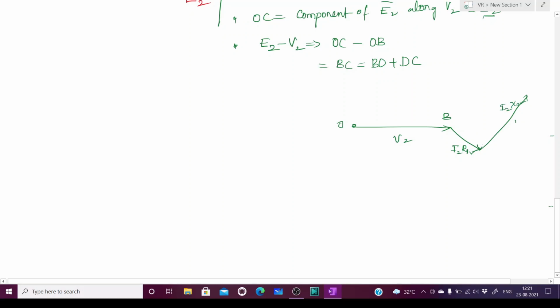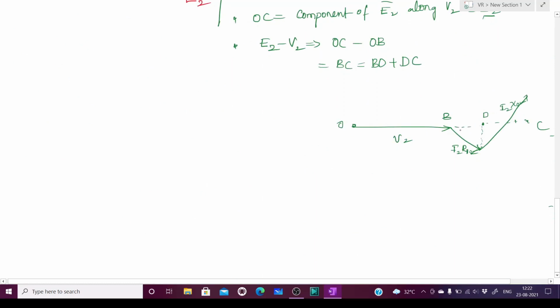This component of I2 R02 has point D, and this component of I2 X02 has point C. So BDC. This BD is nothing but the horizontal component here.